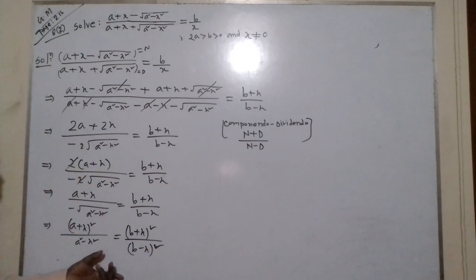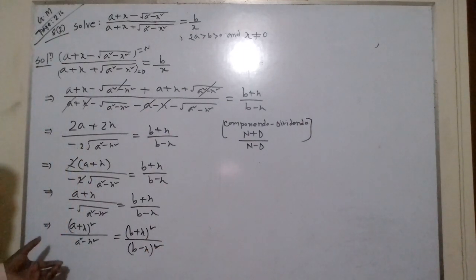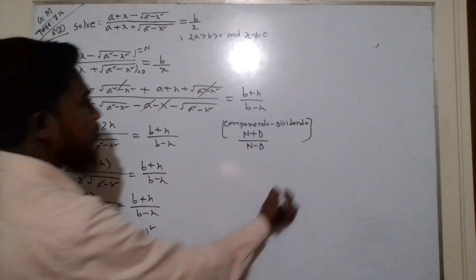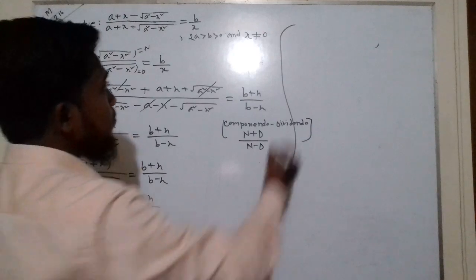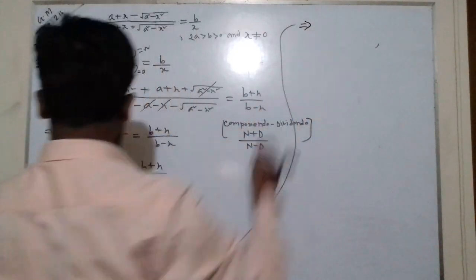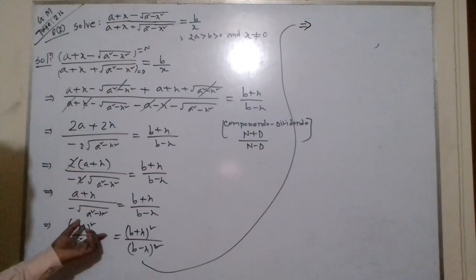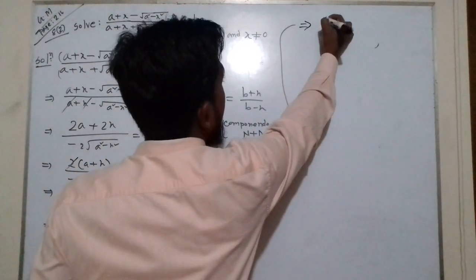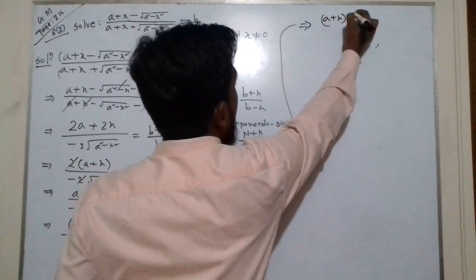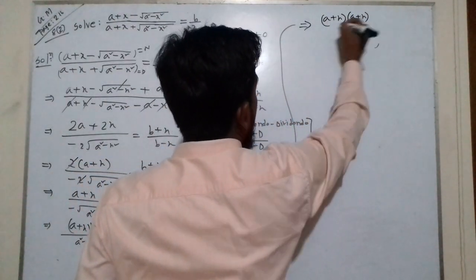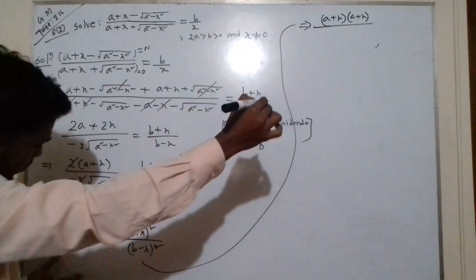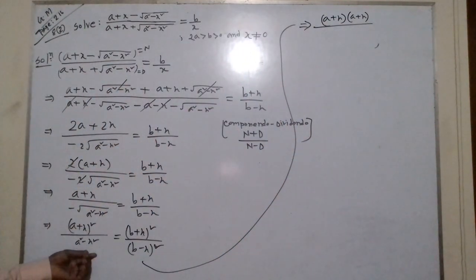So we can write this as a plus x into a plus x divided by a square minus x square.